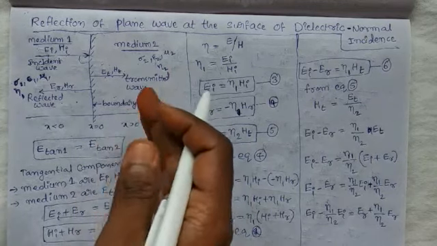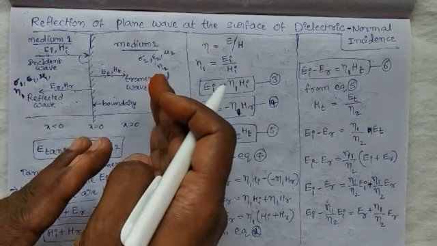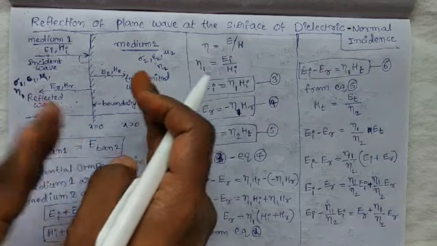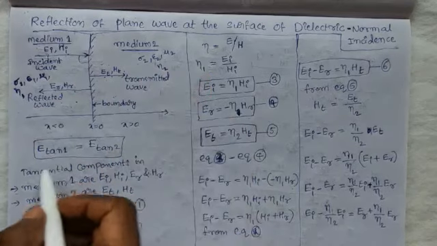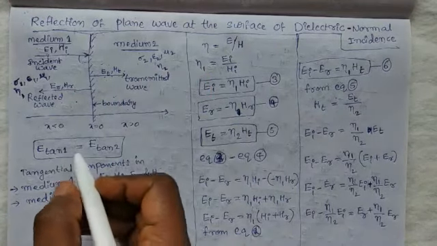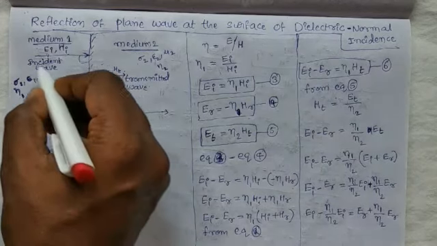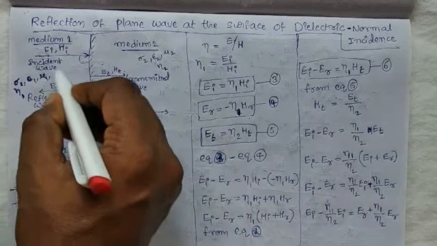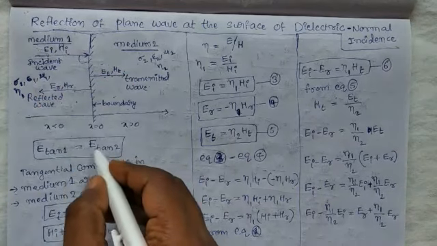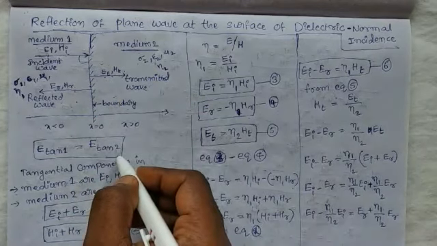That is, E tangential 1 in medium 1 is equal to E tangential 2 in medium 2.